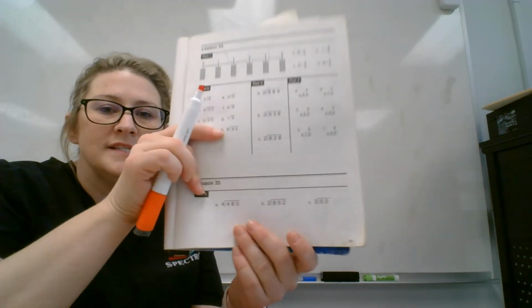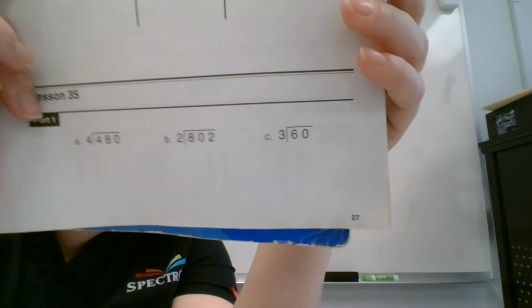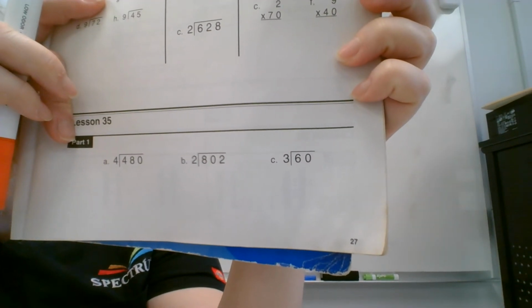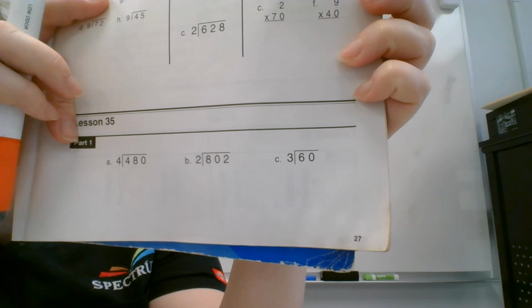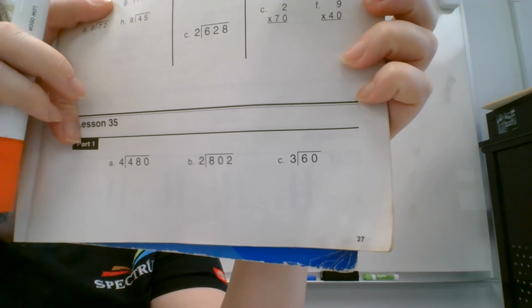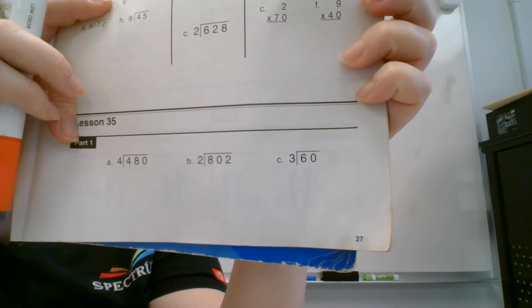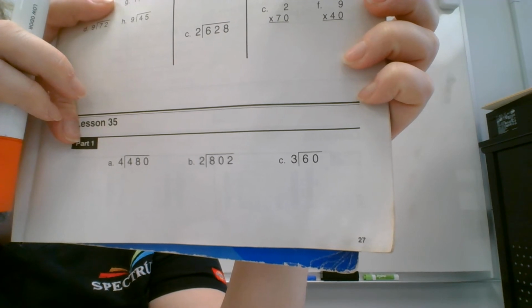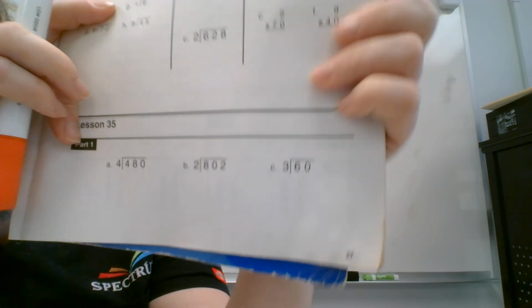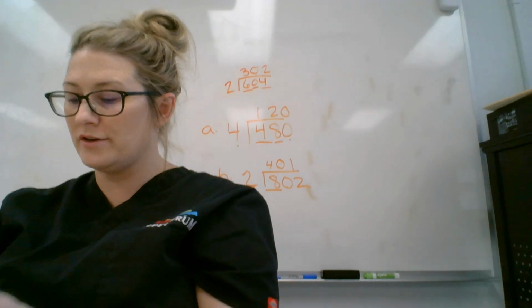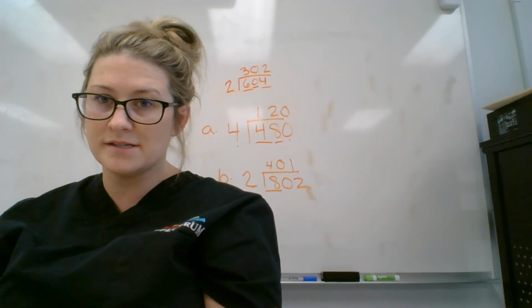All right, C is 60 divided by 3. That one's pretty easy peasy, so I want to see how you guys do on that one. Your division problem will look like 6 divided by 3 is what? And then 0 divided by 3 is what? And remember our rule that we learned, 0 divided by anything is 0.